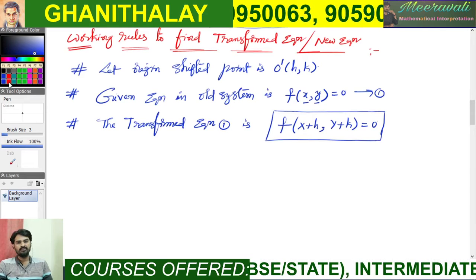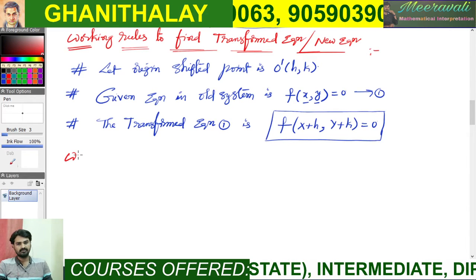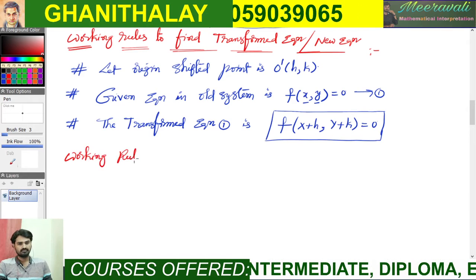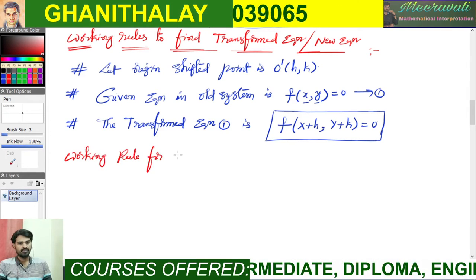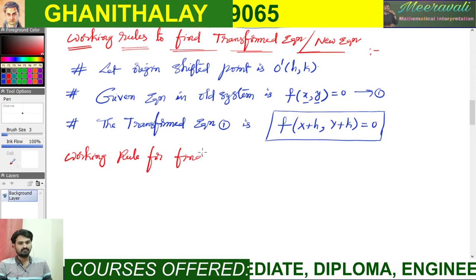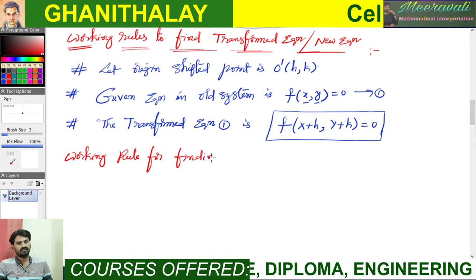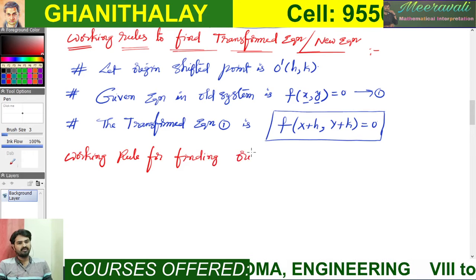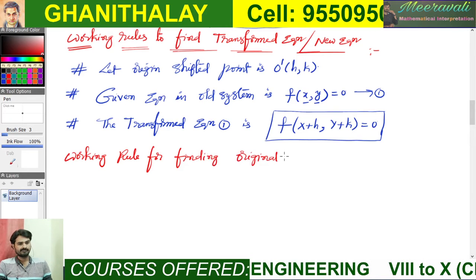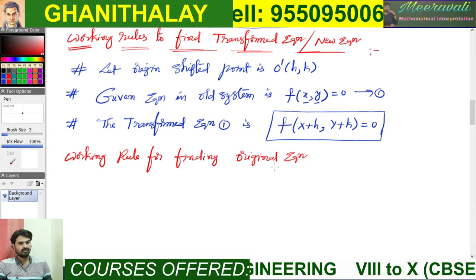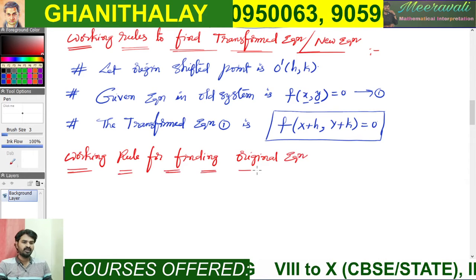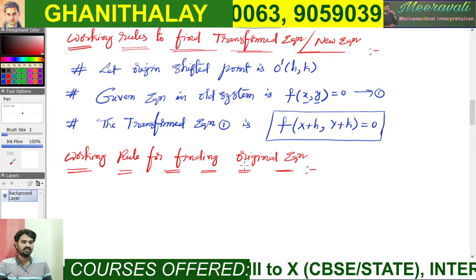Now I am going to write the working rule for finding the original equation. Okay, so what we have to find here, the original equation we are going to find.